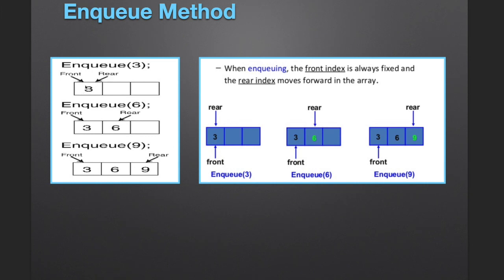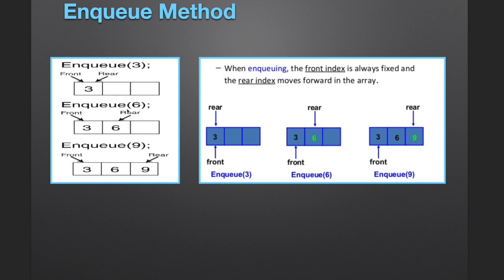Because it's just one element, you enqueue this into an empty queue. Then you want to enqueue 6, so it goes to the next position, right after 3.